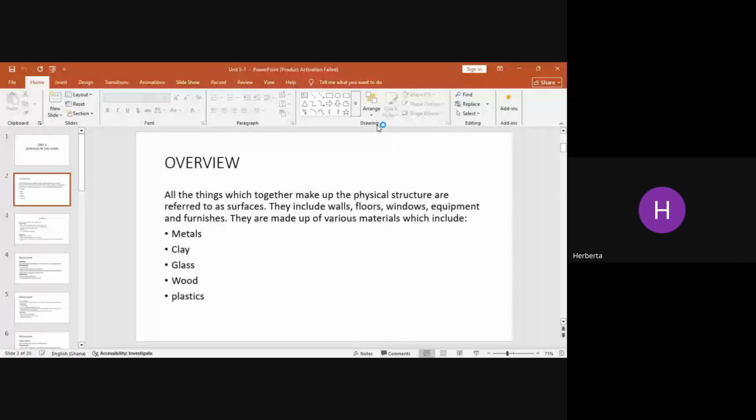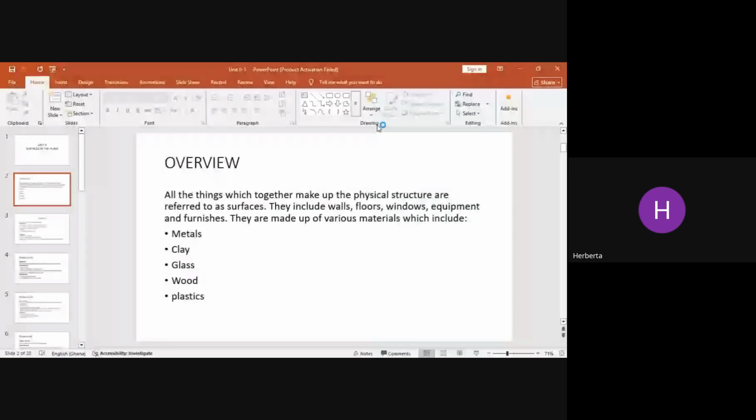When we talk about surface, it is the visible aspect of the item, or you can talk about the top of the item. So physical structures such as the walls, the floors, the windows are the visible faces or the visible tops that we can see.